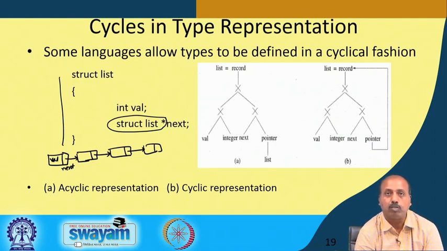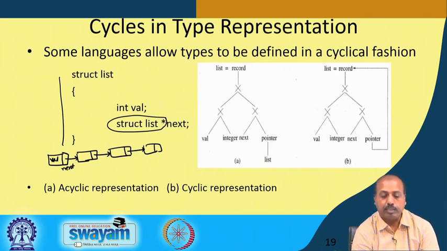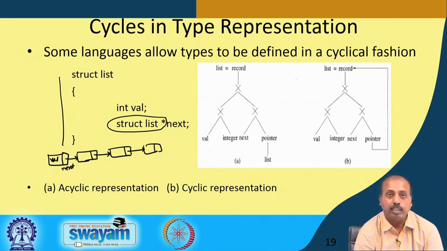When you draw the corresponding DAG, directed acyclic graph representation, it no more remains a DAG. It is no more an acyclic representation. If you are trying to do it in an acyclic fashion, then it will be like this. We have this list which is a record, and ultimately this pointer is a pointer to list.